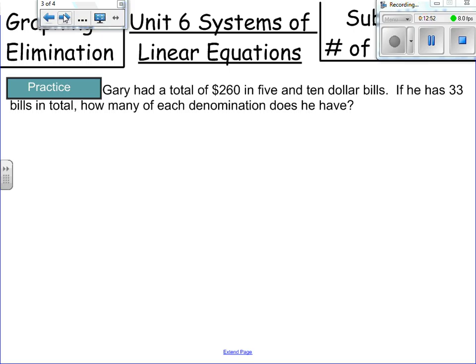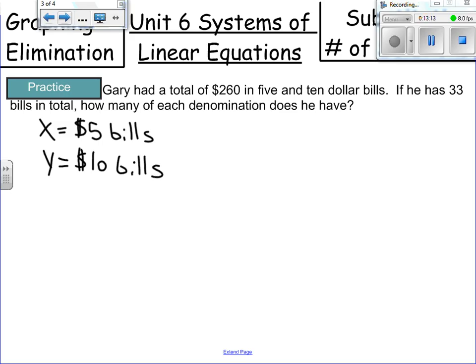So what you need to do is create your own variables and say that X is equal to $5 bills and Y is equal to $10 bills. And it's not saying that X is a $5 bill, it's saying it's the number of $5 bills you have.